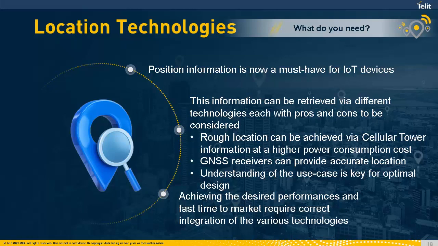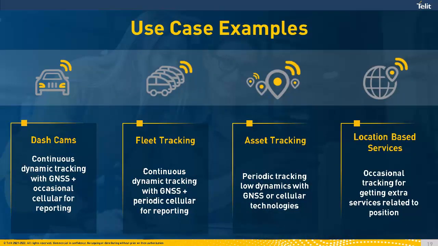Or if a more precise location is needed, using a GNSS receiver, so GPS or in general a satellite receiver, standalone or embedded, can provide position information with accuracy at meter, or even sub-meter level, depending on the specific use case. So, that said, understanding your use case, as Carmelo said in the first part of the session, and achieving the desired accuracy level requires correct integration of all these technologies together.